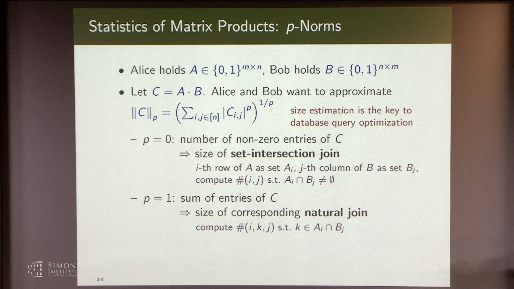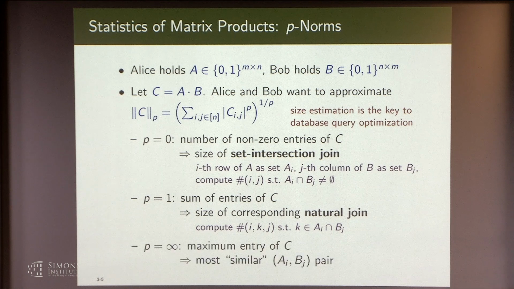Size estimation is the key to query optimization. We want to spend very few resources to estimate the size, then we can build the operation tree for more complicated database operations. When p is equal to infinity, this is just the maximum entry of C, which corresponds to the most similar pair Ai and Bj.